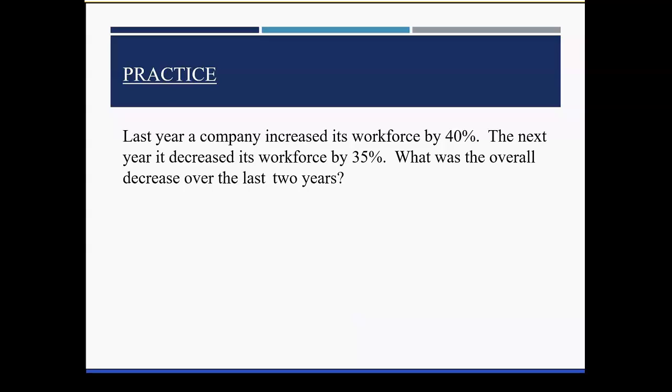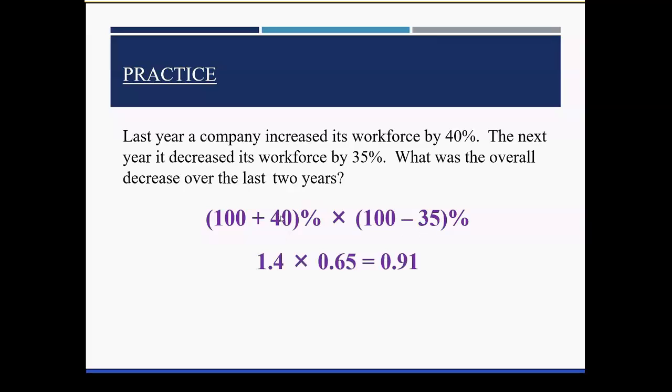So here is one more, just to get a little bit of extra practice in. Last year a company increased its workforce by 40%, and the next year it decreased by 35%. What was the overall decrease? So we got an increase, which is going to be 100 plus, followed by a decrease, which is going to be 100 minus. I went right to decimal form here.